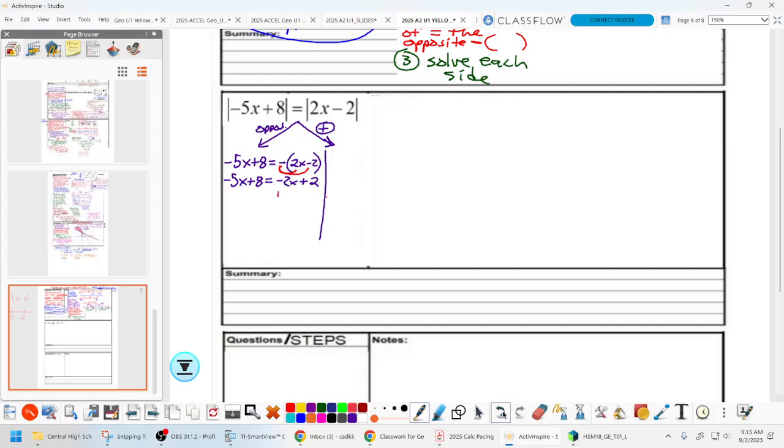So I think I'll add 5x instead. Add 5x. And let's subtract 2. Combining steps there. Let me know if that needs to be more clear. And we'll get 2. Alright, the other side is the normal or the regular case. We just drop the absolute value.